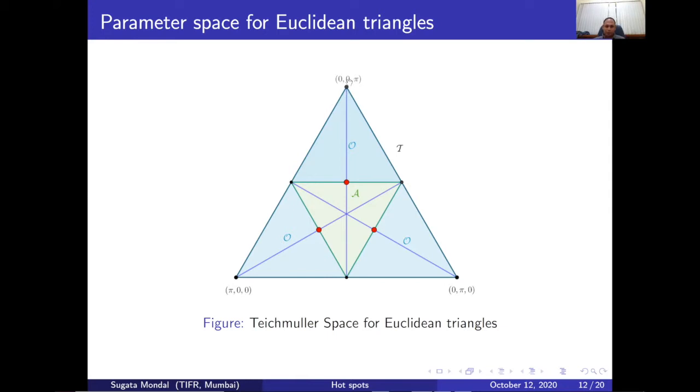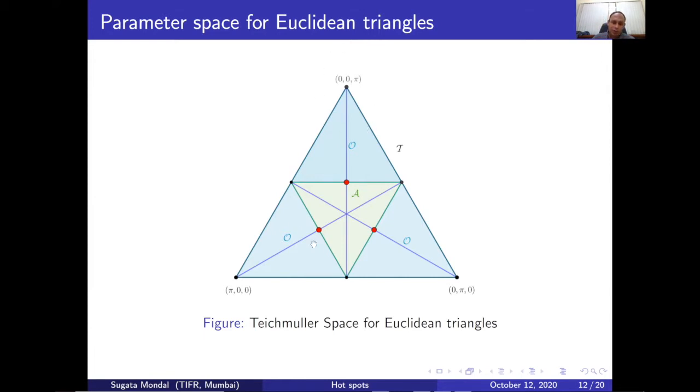There is, of course, the three axes that are not drawn here. The vertices are marked according to their coordinates in R3.